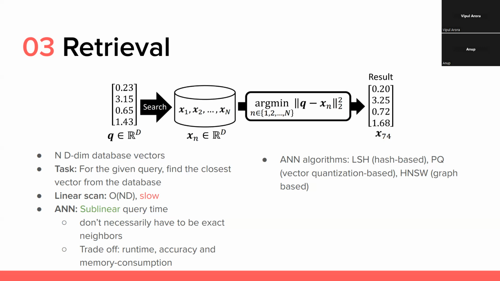And then there's another popular method called hierarchical navigable small world, or HNSW, based on a graph structure. You create the graph, and in that graph, it traverses and finds the nearest match. So what I want to convey is that we can't do brute force search. We need to rely on some approximate nearest neighbor search to find the nearest vector.